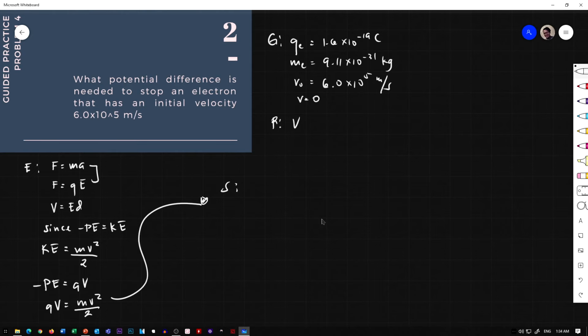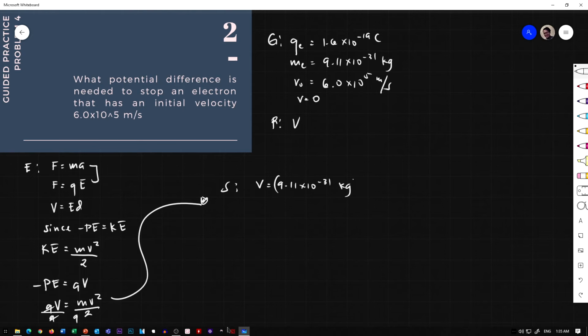So for this one, you can move Q on the other side, since what we're going to need is just the voltage there. So we can now solve. So we have voltage, or the potential difference, is equal to mass, of course, so that's the mass of the electron, so that's 9.11 times 10 raised to negative 31 kilograms.